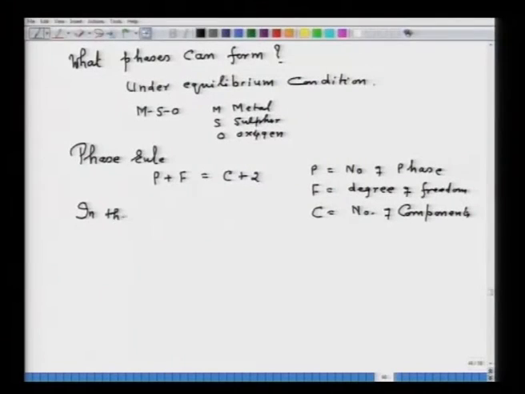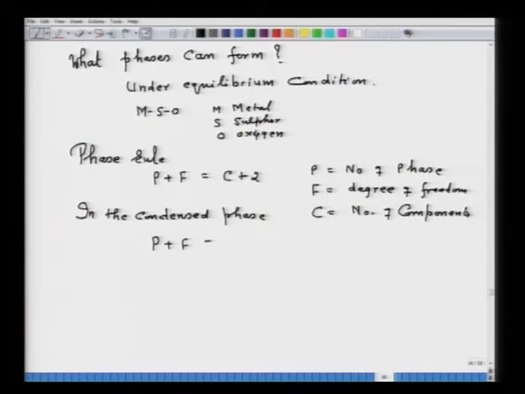Now, in the condensed phase, pressure has no effect. So, we can consider the modified form of the phase rule, P plus F equal to C plus 1. So, now here the temperature has remained a controlling factor. Now, suppose we consider constant temperature, because normally roasting is carried out at constant temperature.